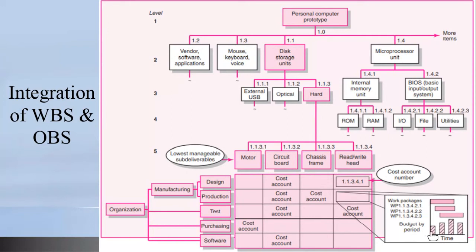We also need to state the cost, and we need to state how long each will take in the schedule. Do you have a better understanding now, Sean, as to how we integrate the WBS with the OBS?